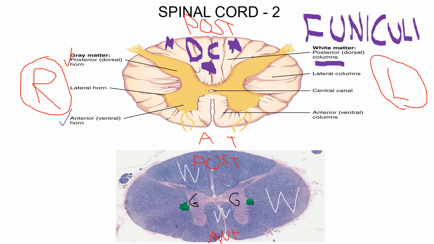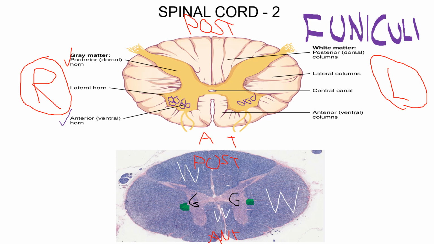The front side, the anterior side, is where we're going to be sending motor neurons out to the periphery. So what happens is you have a whole bunch of cell bodies and dendrites in your ventral horn. You can see the little purple circles that I'm drawing.